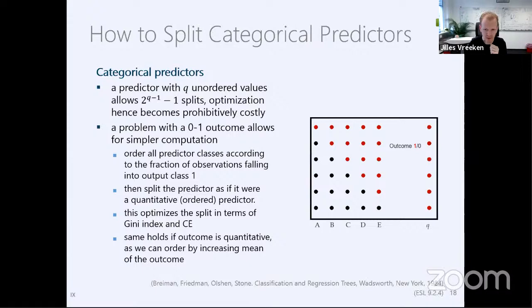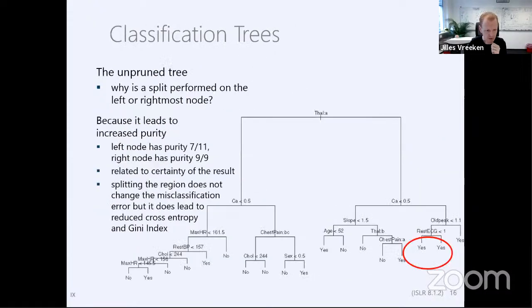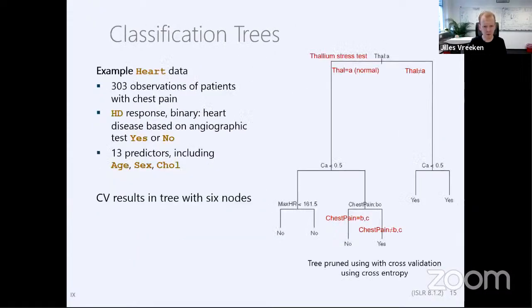Let's actually go to one of the examples. Let's go to the simple example over here. Suppose that for a particular patient, we don't know if they have chest pain, whether it's value B or C. Now, if this person does not have a normal thallium stress level, then we would go into this branch. Then we would have to see what is CA.